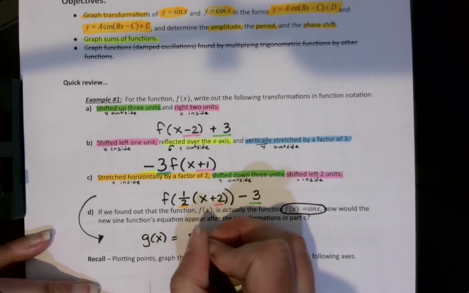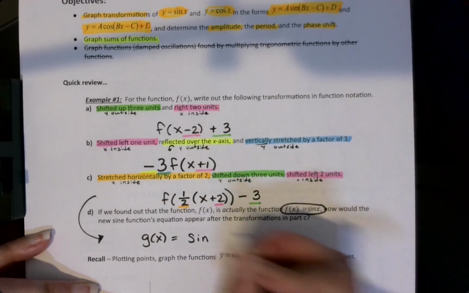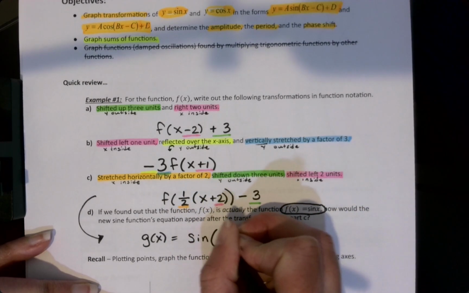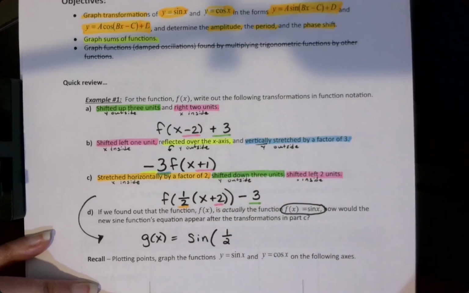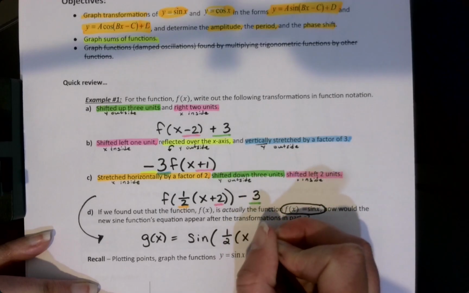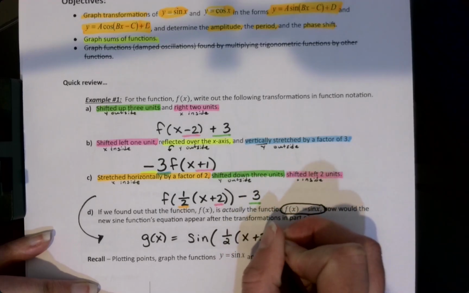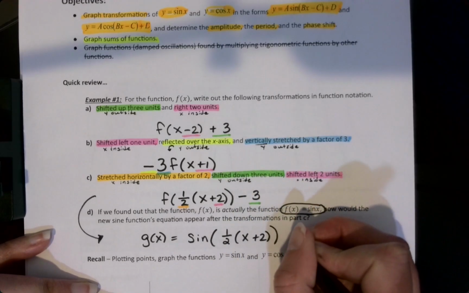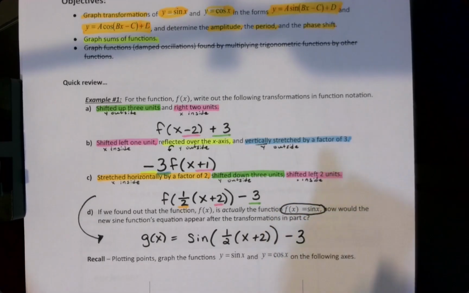So instead of f of x, we're going to use the sine function. We're going to have our 1/2 for our horizontal stretch factor times the quantity x plus 2 to shift it to the left 2, and then we're going to shift it down 3.